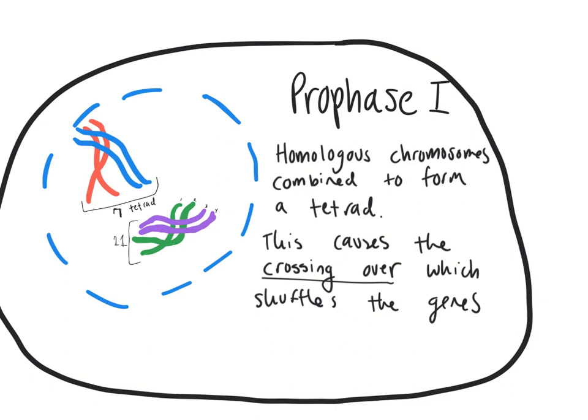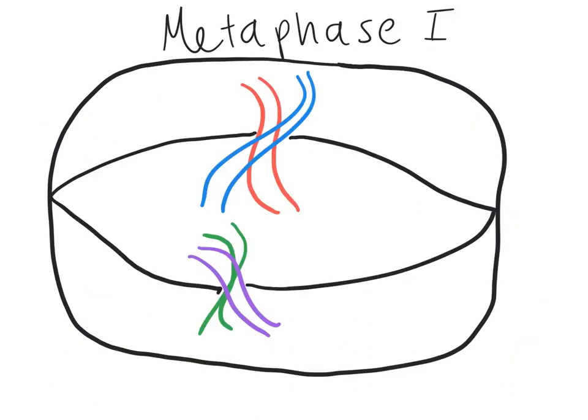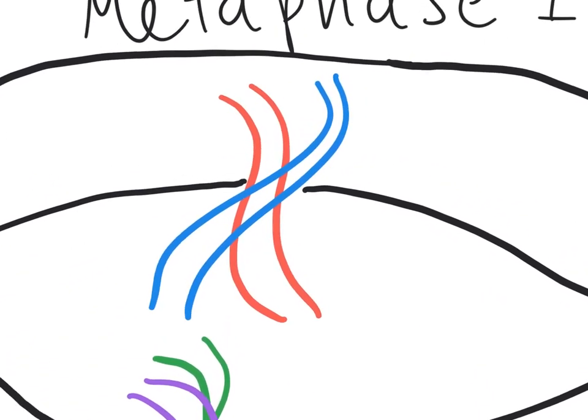So let's move on to the next phase of meiosis, okay? And remember, this is meiosis 1, dealing with homologous chromosomes. Nucleus is disappearing, so we're not going to see that in metaphase. So in metaphase 1, what's going to happen is that these homologous chromosome tetrads are going to move to the middle of the cell. So you can see they're still in the tetrad.